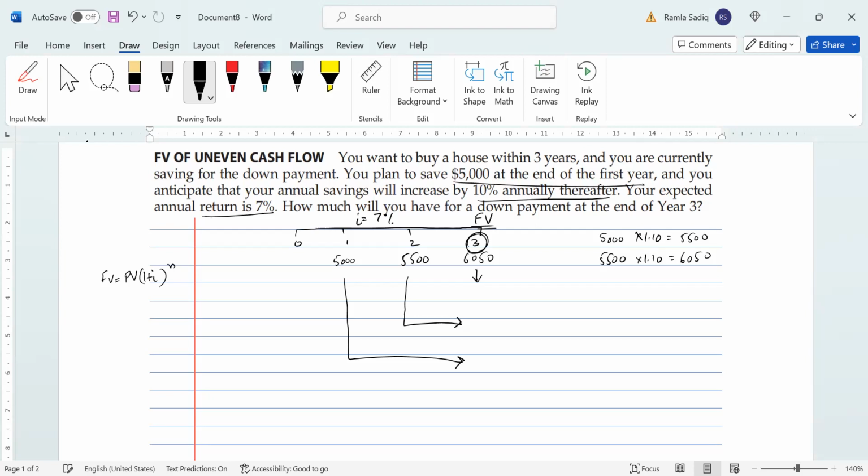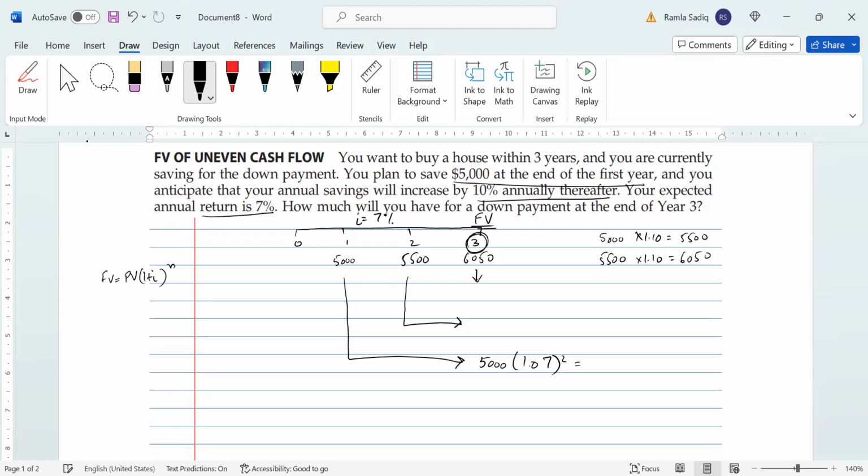And so if we start off with this 5,000, we'll start off earlier in the timeline. That means that we will have 5,000 times 1.07 to the power, and this is going to be compounded once and then twice in order to get to that point in time in the future value. We're just laying out the calculations first.